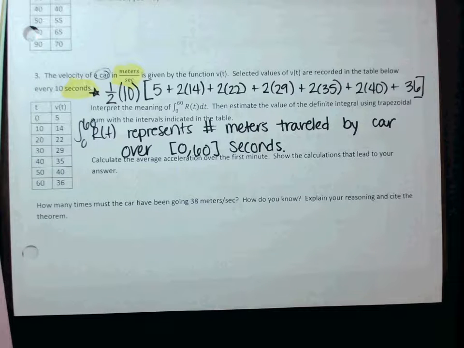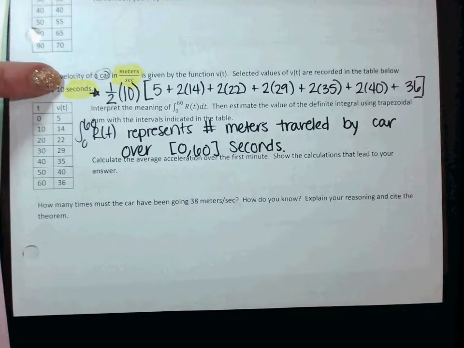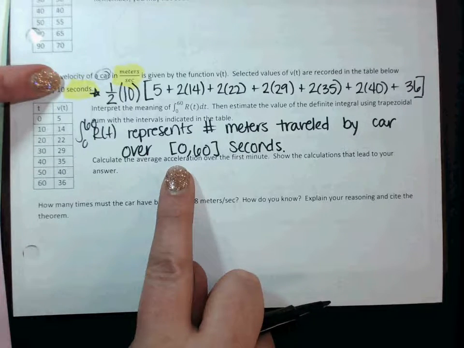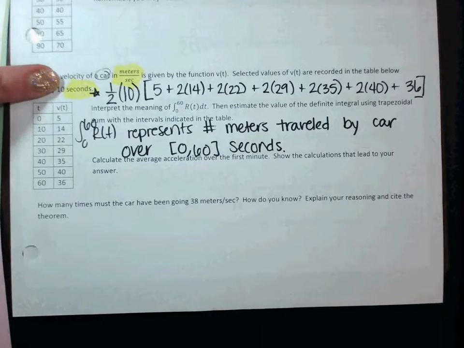Okay. Now, the second part of this question is actually review. It says to find the average acceleration. So think in general, what's the relationship if this is velocity and we want acceleration? It's a derivative, and a derivative is a slope. Now, there are two kinds of slope.